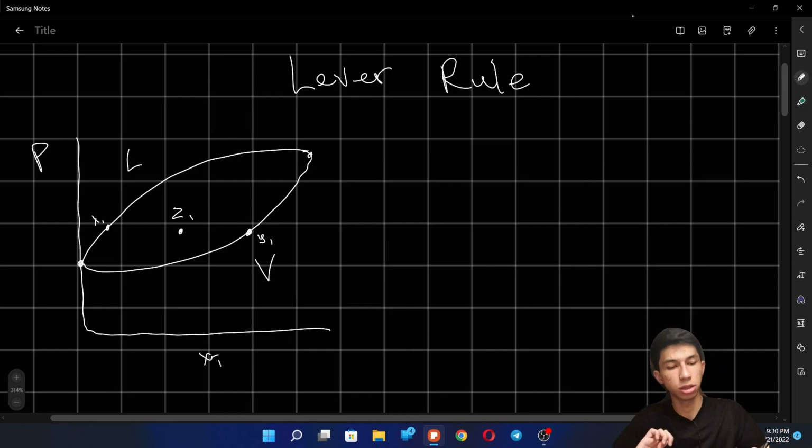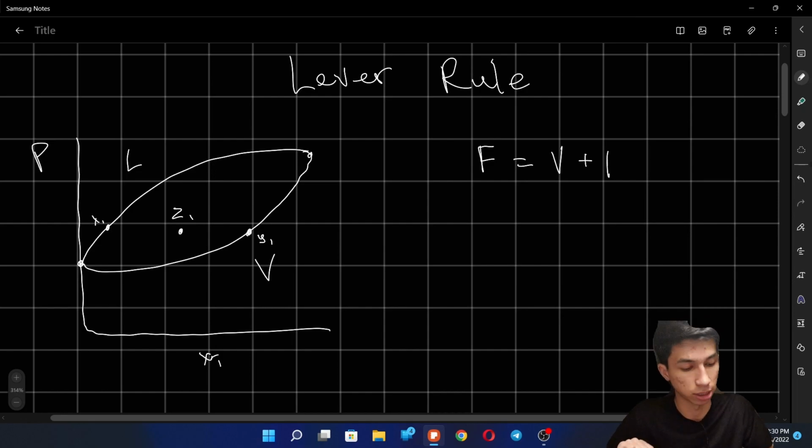And we said that our feed is going to be equal to the amount, not the volume, sorry, but the amount of compound in vapor phase plus the amount of compound in liquid phase, right? And we had another equation, which was a specific equation for a compound.